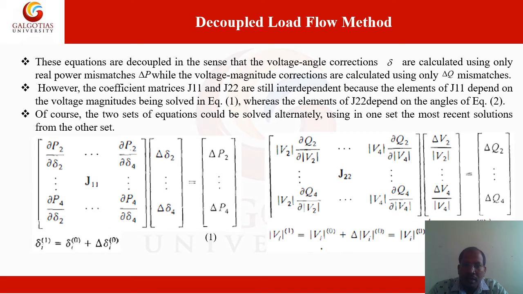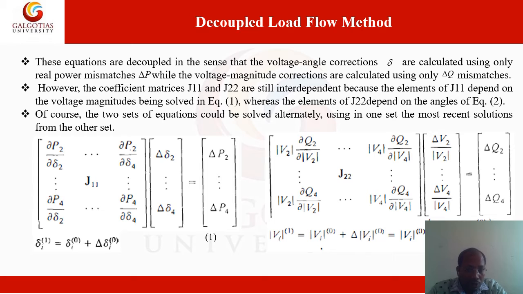So in the decoupled load flow method, the voltage angle corrections are calculated using only the real power mismatch, and voltage magnitudes are calculated using only the reactive power mismatch. But the coefficient matrices J11 and J22 are still dependent on the magnitude voltage as well as the voltage angles.